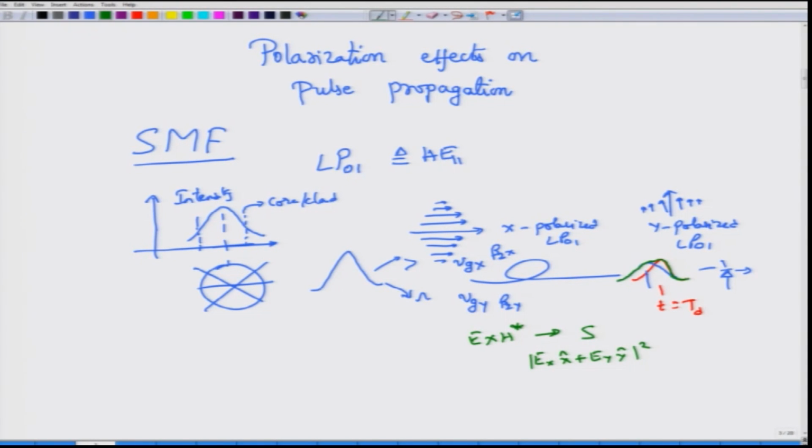This kind of a dispersion distorts the pulse simply because even though you considered single mode fiber, the fact is that single mode fiber supports two fundamental modes, and if the fiber exhibits any property which allows you to have different values of Vgx and Vgy, and this phenomenon wherein the x and y polarized modes travel with different velocities is called birefringence. And all optical fibers have some amount of birefringence.